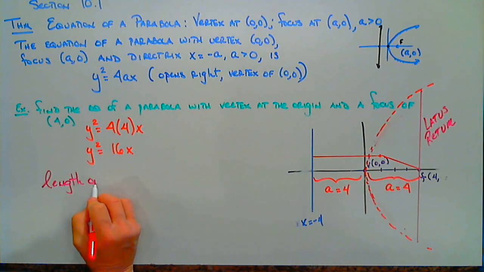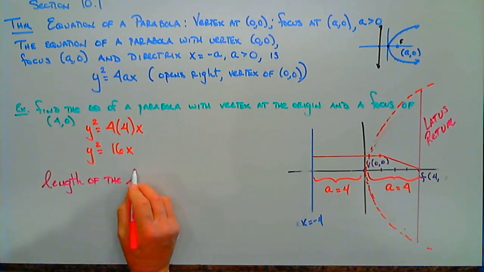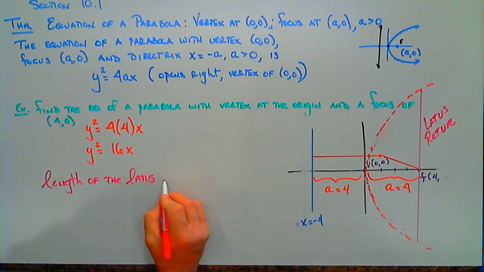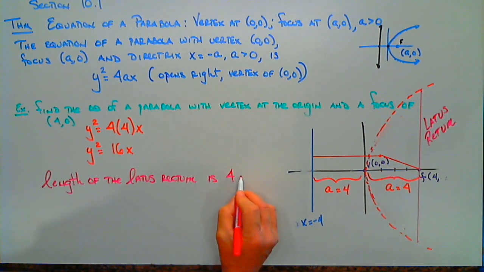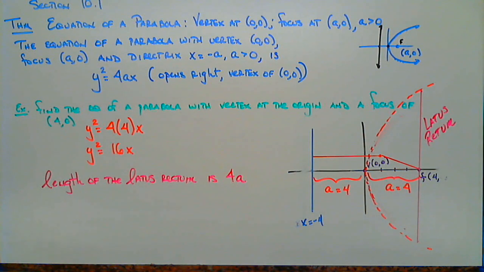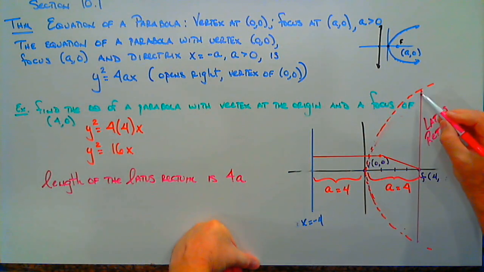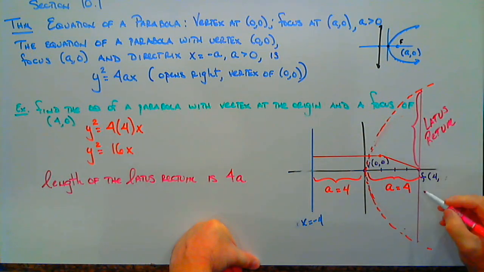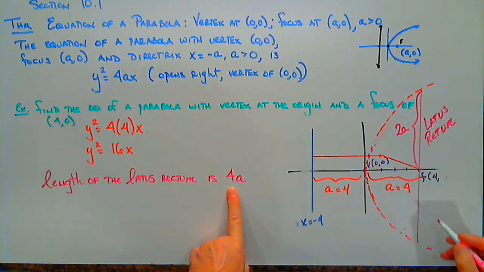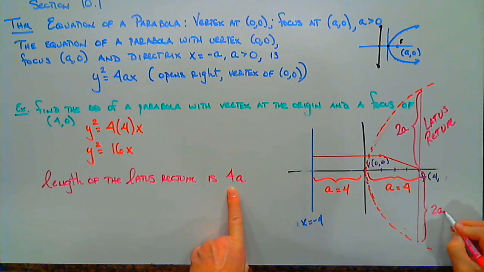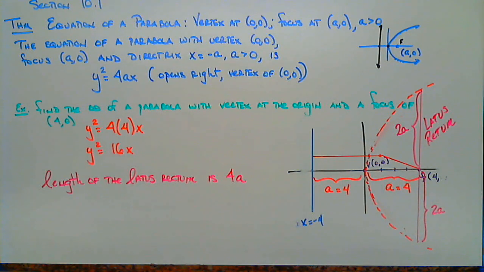The length of the latus rectum is 4a. Now, why is that important? Well, that means this width right here is 2a. It's half of the total length. And this length right here is 2a. It's half of the total length.